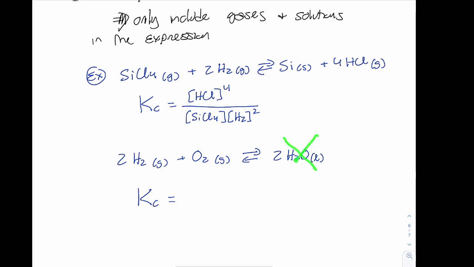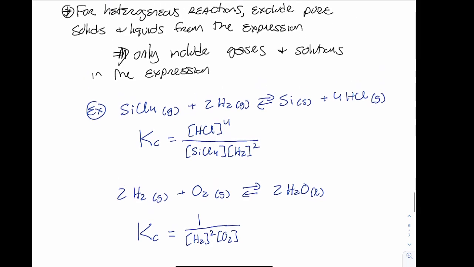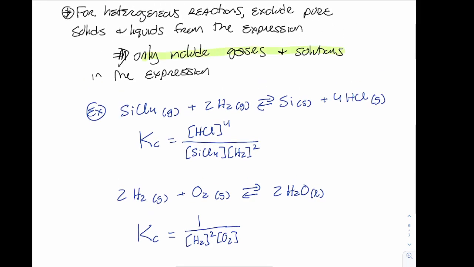However, my only product I'm not going to include. So I'm actually just going to have 1 on top over the concentration of hydrogen raised to the 2nd power, because there's 2 moles, multiplied by the concentration of oxygen raised to the 1st power. So again, only include gases and solutions in our equilibrium constant expression.